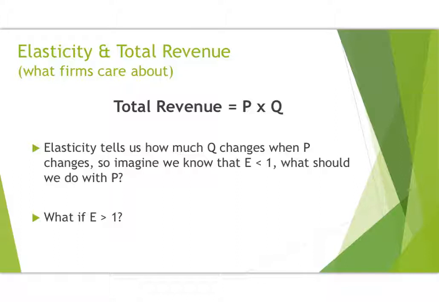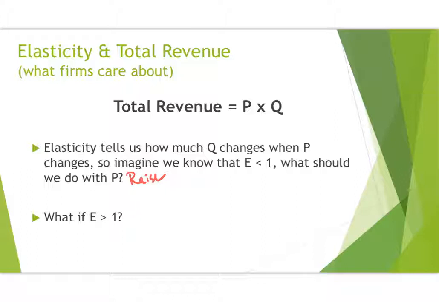So in general, if we know demand is inelastic, what should we do with price? We should raise it, because quantity is not very responsive. When price goes up, yes, quantity will fall, but it will fall by a much smaller percent. If we raise price 10% and quantity falls only 1%, overall we come out ahead.